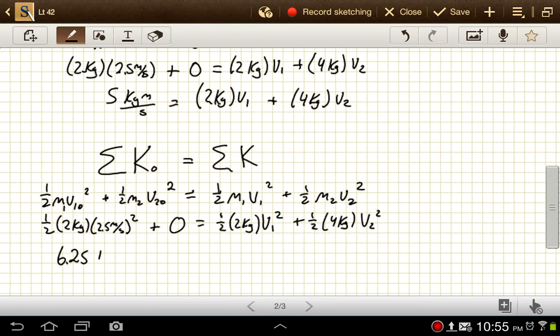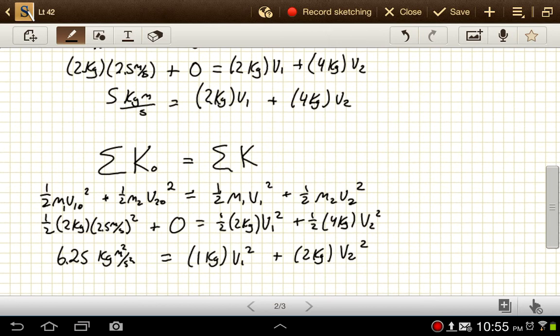6.25 kilogram meters squared per second squared is equal to 1 kilogram times v1 squared plus 2 kilograms times v2 squared.